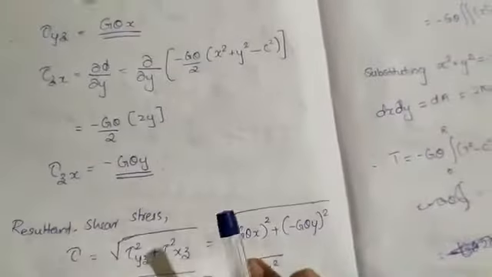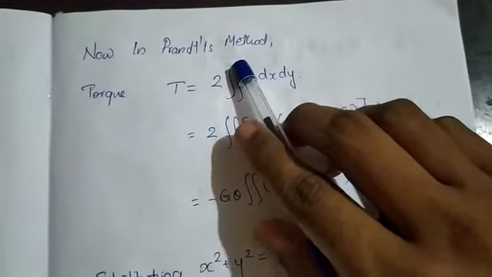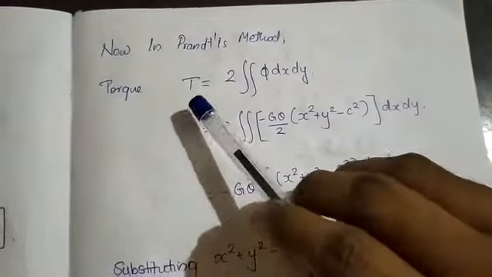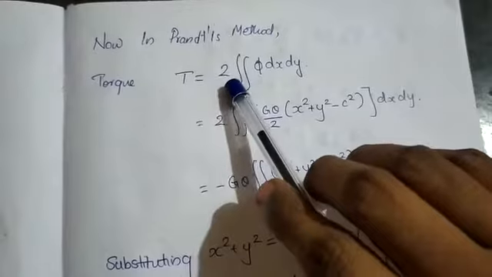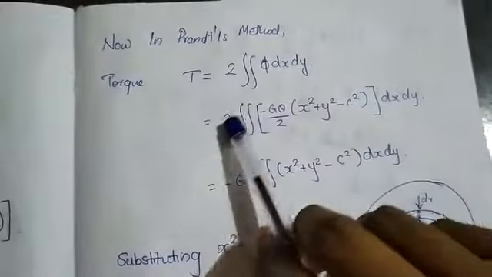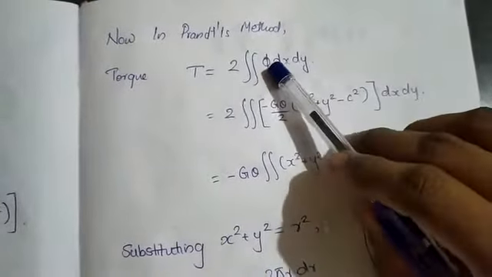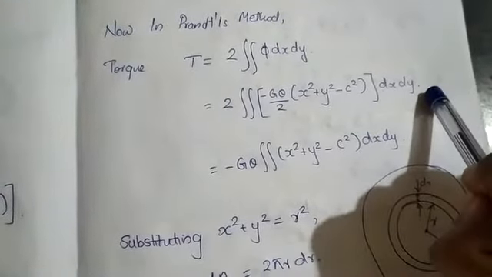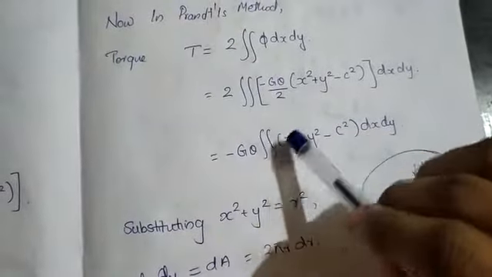Now, having found the shear stress, next you need to find the torque. Using the Prandtl method, the equation for torque is T is equal to 2 into the double integral of phi dx dy, since dx dy is nothing but area. Again you give the value of phi here, with x square plus y square; G theta is taken outside, and the 2 cancels, leaving minus G theta.